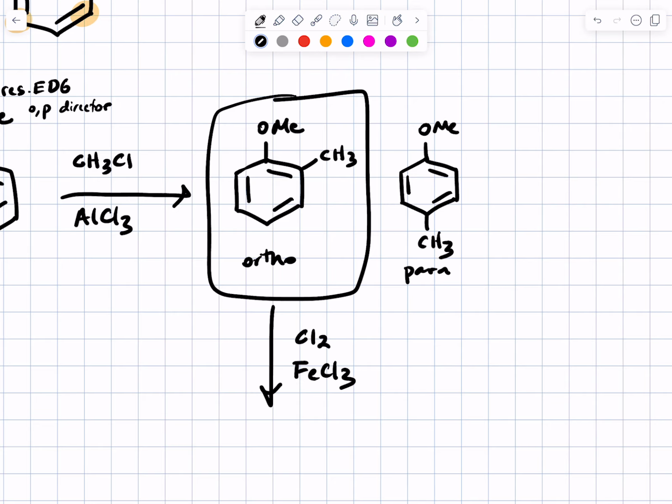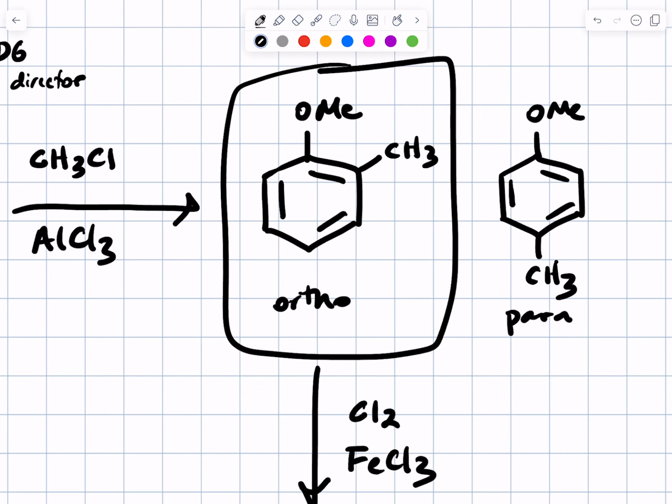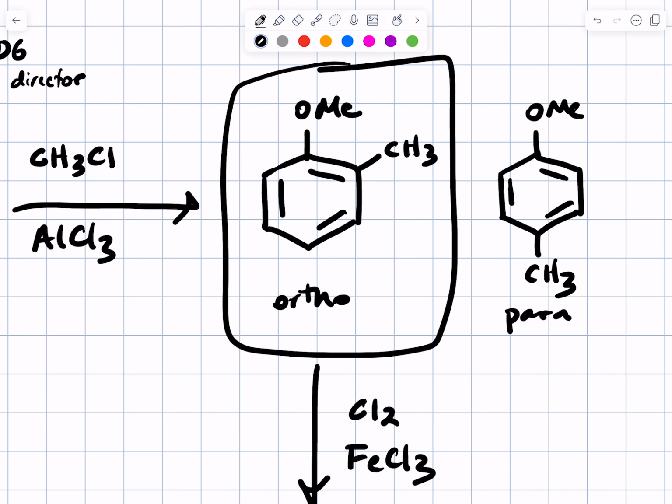Now we have a slightly more challenging situation because we need to consider the various preferences of these two groups attached to the benzene ring. So I'm going to label the methoxy orange, and I'm going to label the methyl group blue. We're going to note that methoxy is an ortho and para director, whereas the methyl group is likewise an ortho and para director. So that's fun.